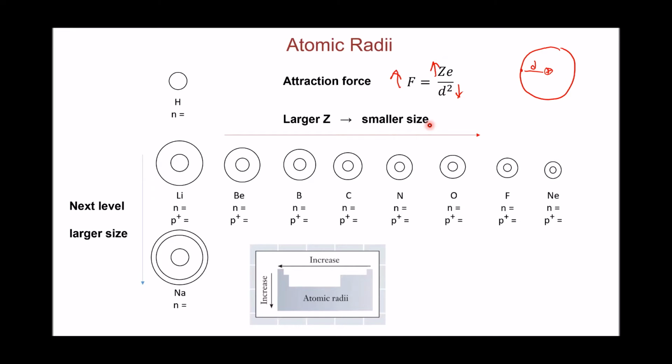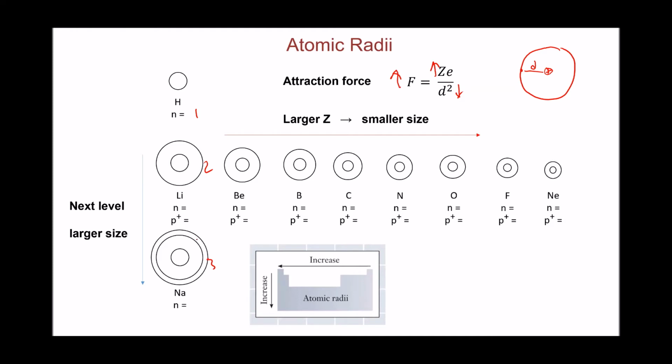But if you go from the top of the periodic table downwards, the effect is going to depend on the energy level. Because, for example, period 1 corresponds to the filling of energy level 1. If you move to period 2, it's going to be energy level 2. And period 3 is energy level 3, and so on. So you're moving from one energy level to the next one.